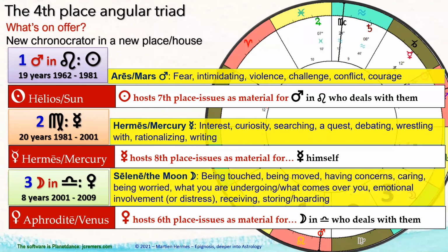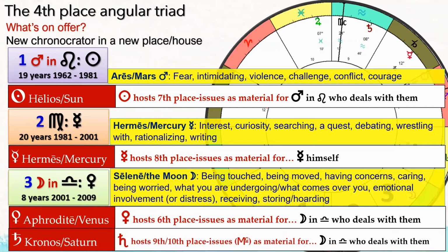Right. Okay, now we have the moon in the fifth place, that being the third period of this zodiacal releasing scenario. These are the things the moon has: being touched, having concerns, receiving, storing, etc. That's nice, but let's have a look at what Saturn does, because Saturn hosts ninth and tenth place issues as material for the moon in Libra, who deals with them.